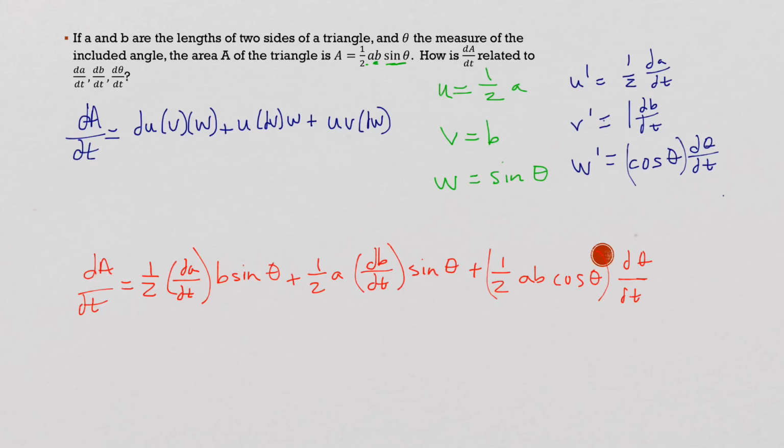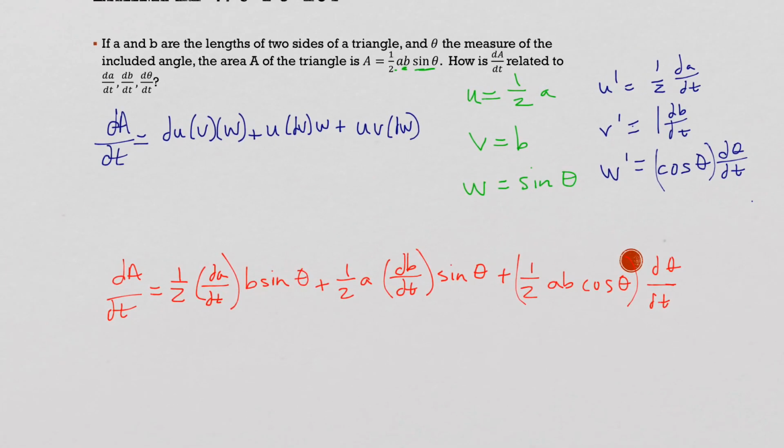So there is my derivative of A, dA dt, related to d little a, d little b, and d theta. And notice I have dA dt, dB dt, d theta dt in my answer.